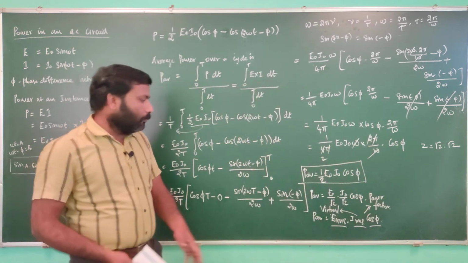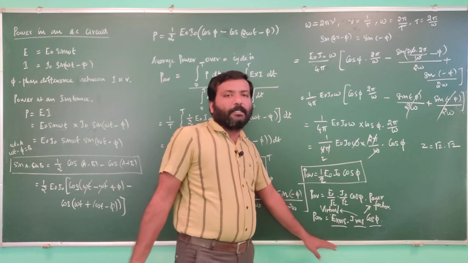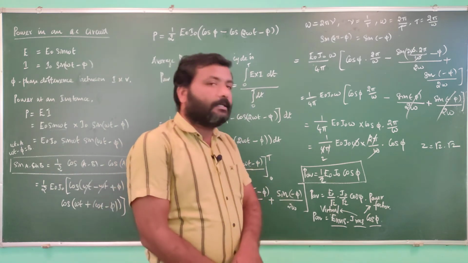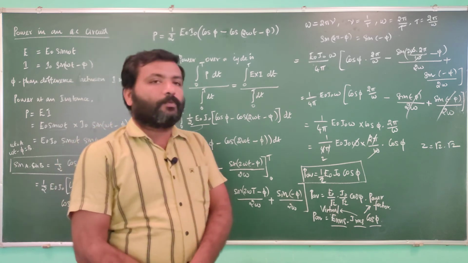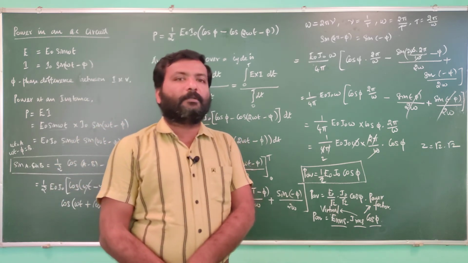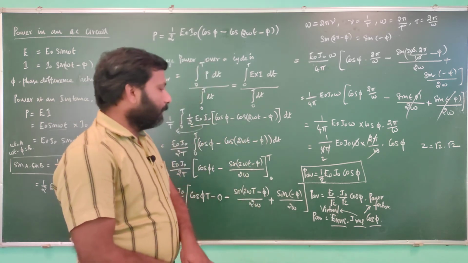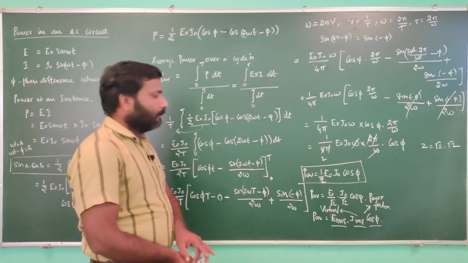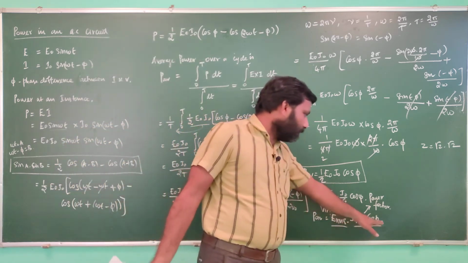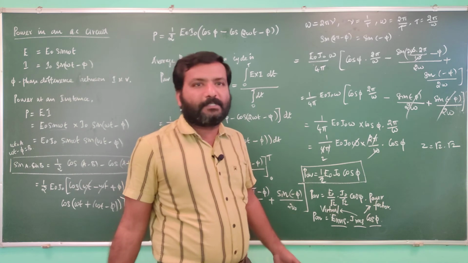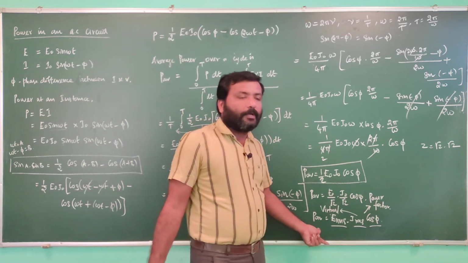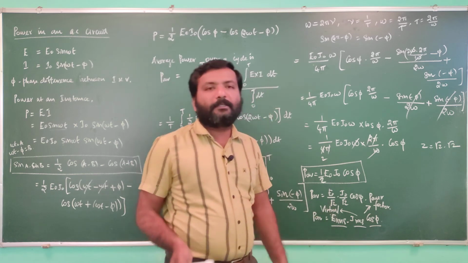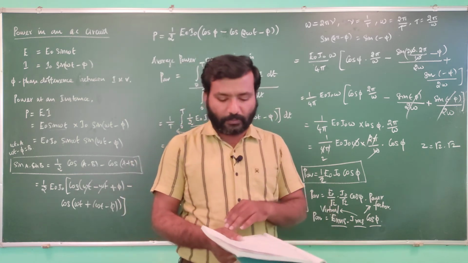So the average power of a circuit is the product of virtual current and virtual voltage multiplied with the power factor. Or in other words, the power factor of a circuit is nothing but the average power divided by the product of virtual current and virtual voltage.